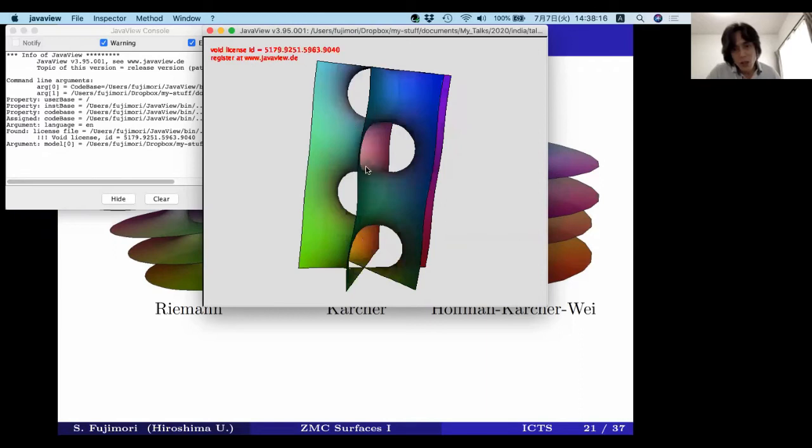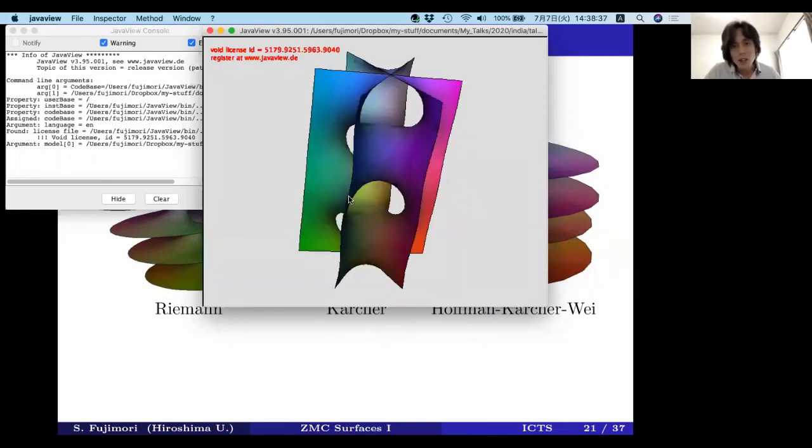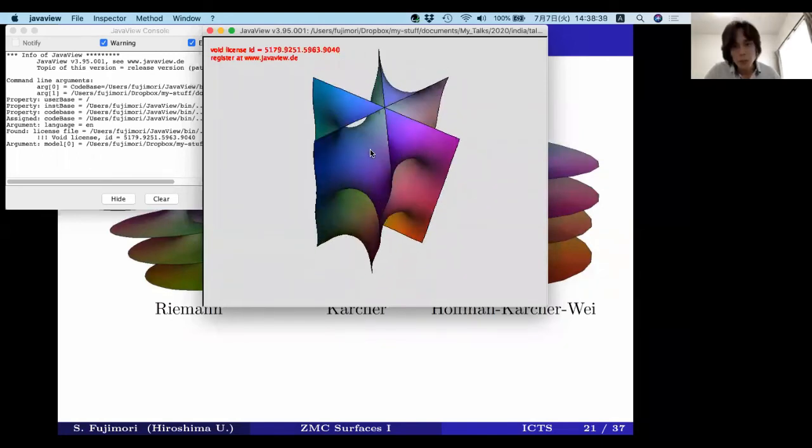We translate this part into here. Just a translation. This part coincides with this part smoothly, and we translate the surface to the top, and this part and this part connect analytically. In such a way, we have the singly periodic surface.